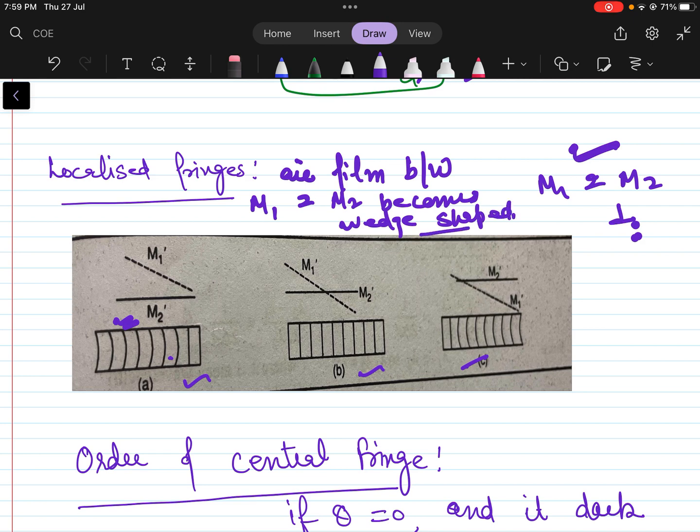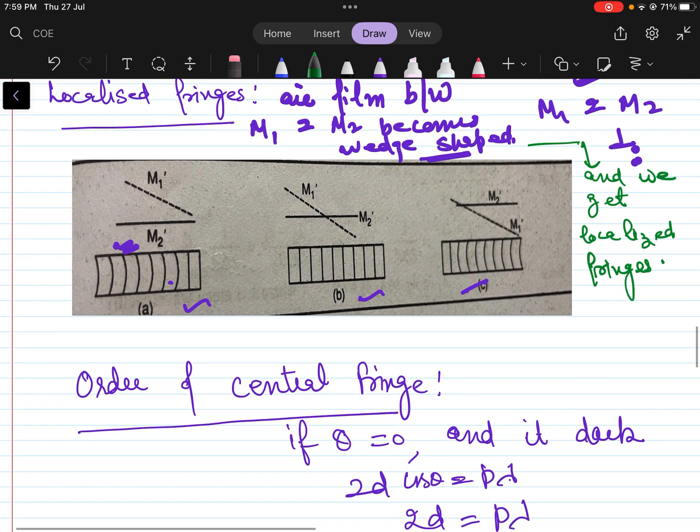And at that time we get localized fringes of equal thickness located between S1 and S2. So these diagrams show that.